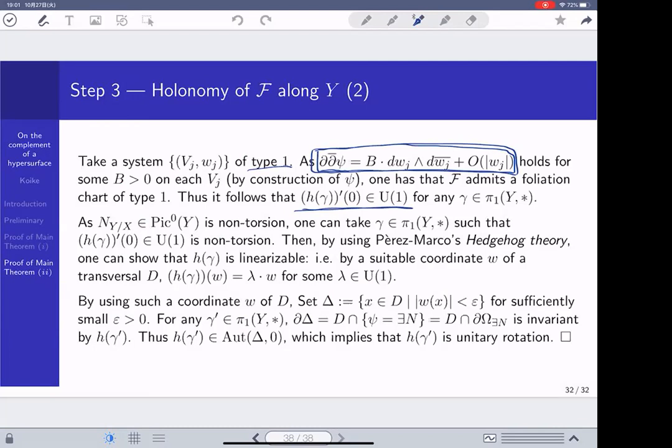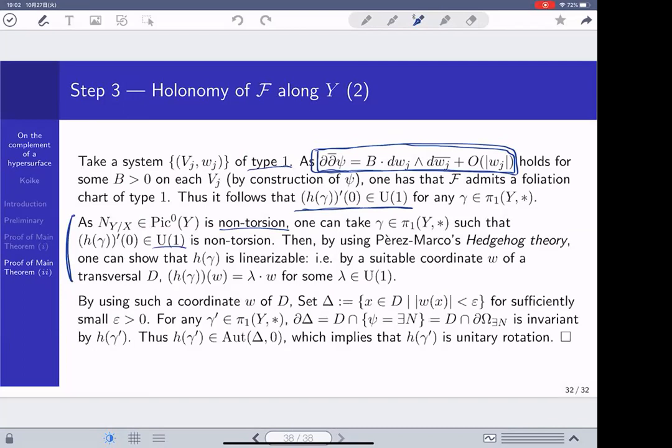And the first coefficient, or multiplier, should be a unitary constant. As the normal bundle is non-torsion, one can take some gamma such that the multiplier of H gamma is, of course, a unitary constant, but a non-torsion element of U1.